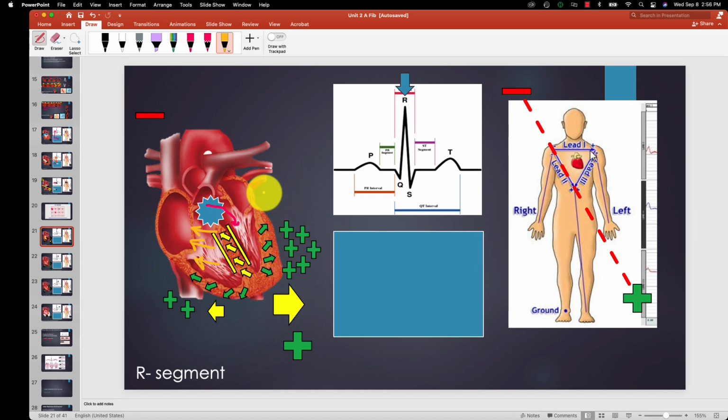Now, in this section here, you can see that I put a bunch of arrows showing different directions, right? So how does the ECG make sense of positive charges that are moving this way, this way, this way, this way, right? Because these are small little networks here.